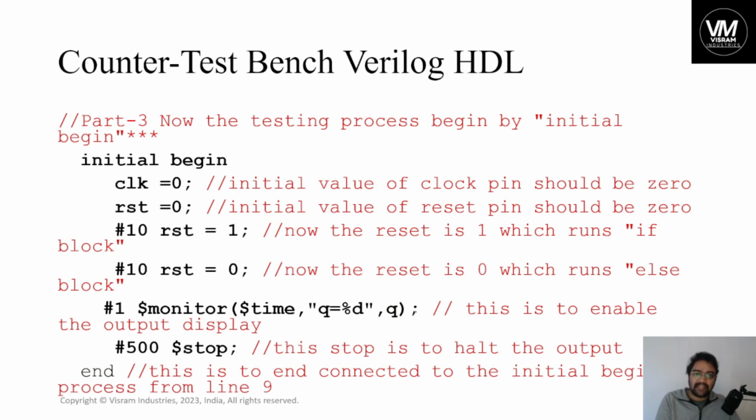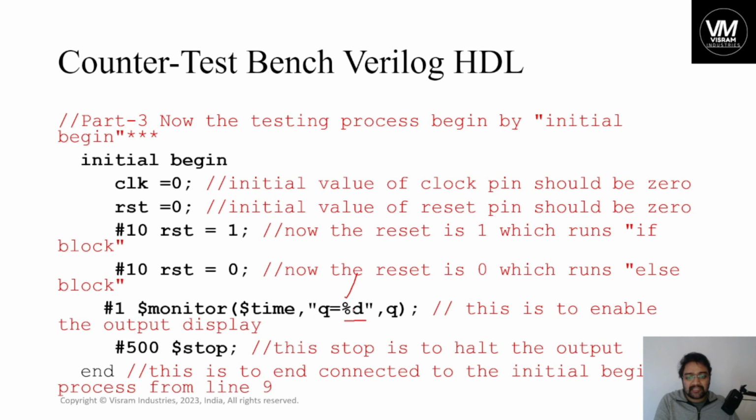I'll explain the syntax from the keywords as well, how to write all these things. $time will showcase at what time it has been executed. And %d is the same as the declaration in a C program, to display an integer variable.